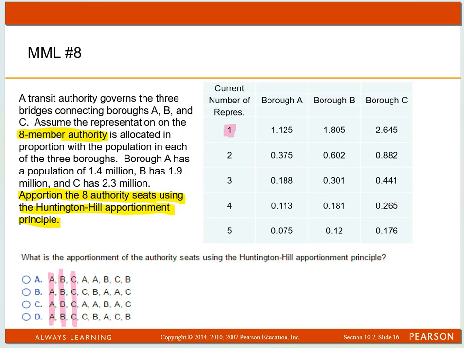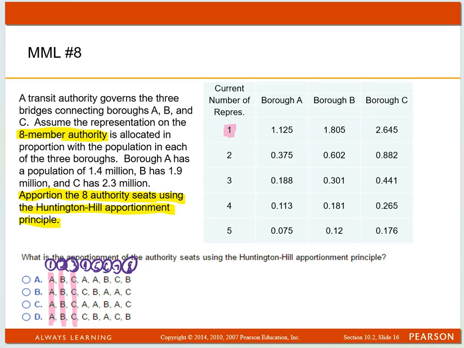So there's 8 seats, right? So this is number 1, this is number 2, this is number 3. And then we're going to be looking for number 4, and then 5, and then 6, and then 7, and then 8. Oh, my handwriting's atrocious.